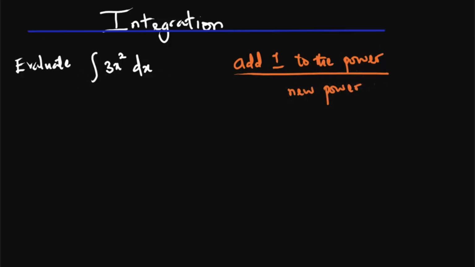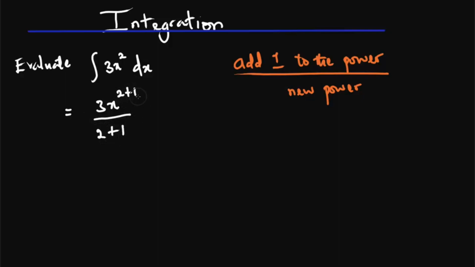Very simple. So in this case, we're going to have 3x to the power 2 plus 1 divided by 2 plus 1.